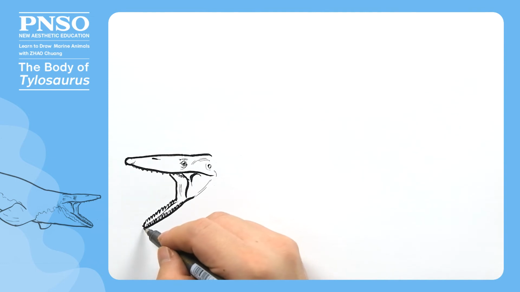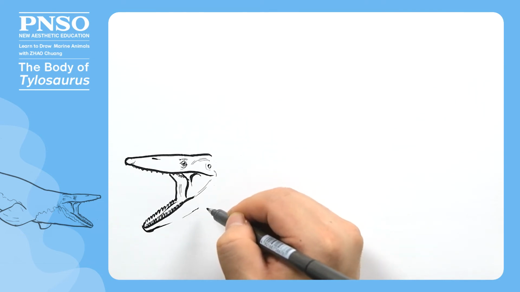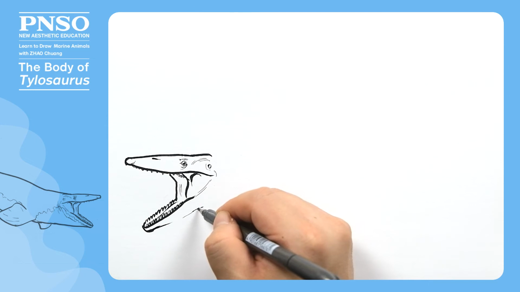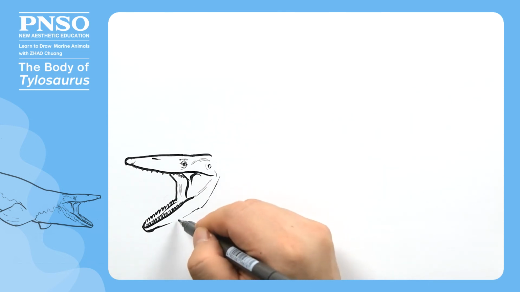Next, let's draw its lower jaw. The front end of its jaw was relatively pointed, very wide in this position, and then retracted at the back, which was a large triangle.